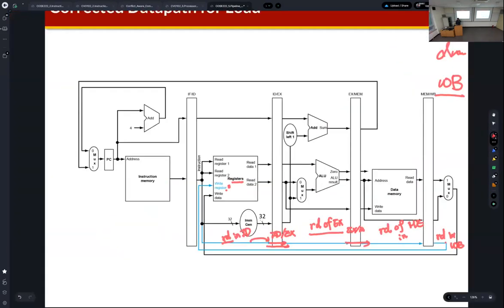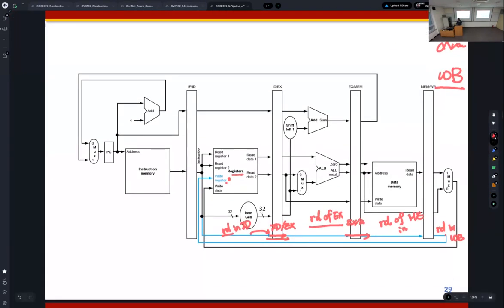So I mentioned that when the data is written back to the register file, this data is the data in write back, right? And then in order to make the timing of RD identical to the timing of data, we need to make the RD in write back by passing through the pipeline registers.